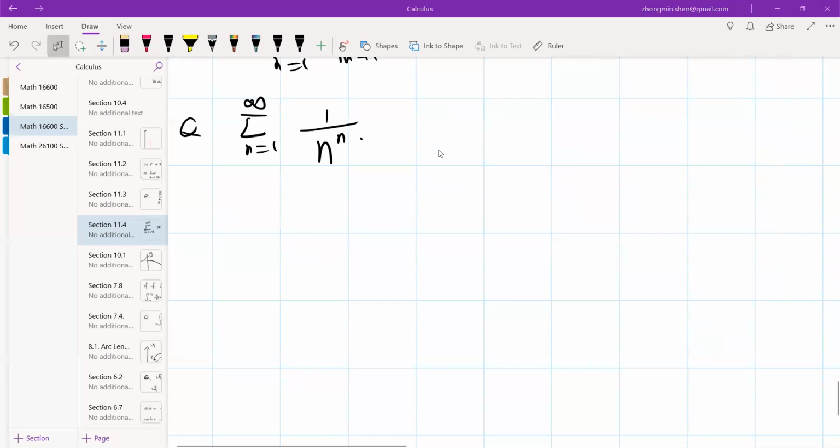You see, n to the power n is a really giant number when n is large. It's much, much larger than n squared. So it decays very, very fast. Each additional contribution to the sum can almost be neglected, and that's why it should be convergent.